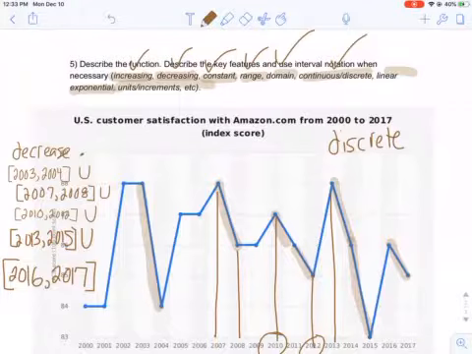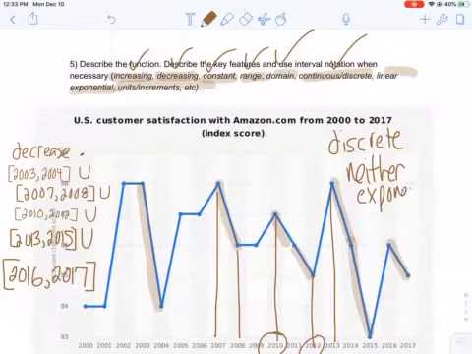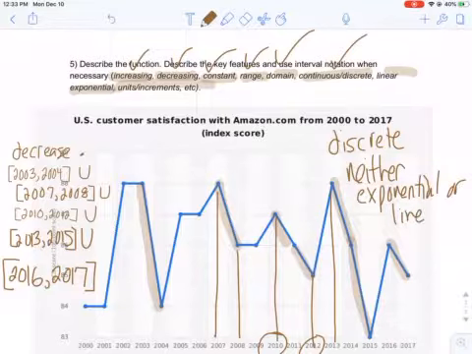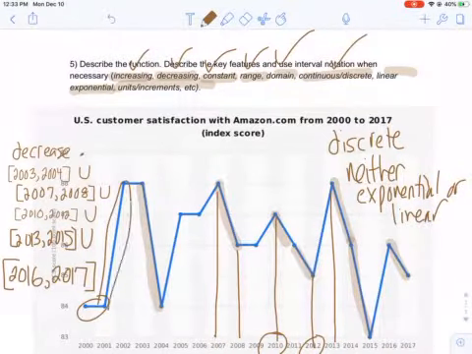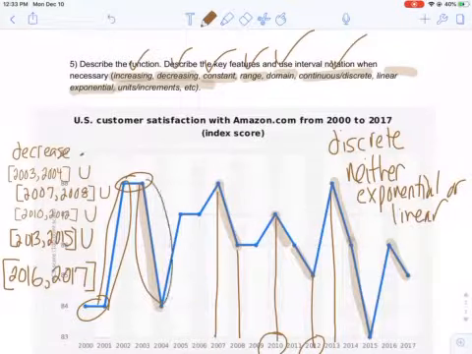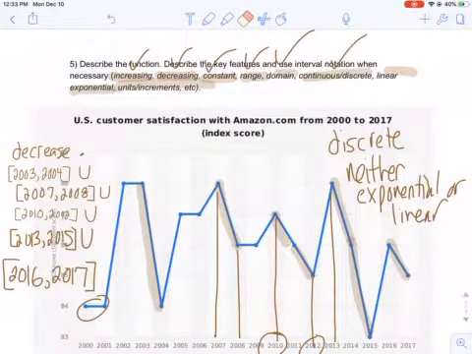Now, linear or exponential. Looks like it's neither linear nor exponential. The reason is there's nothing consistent here. Got something flat, goes up, flat, goes down. I could come up with conditional rules here. I could come up with equations that would fit.